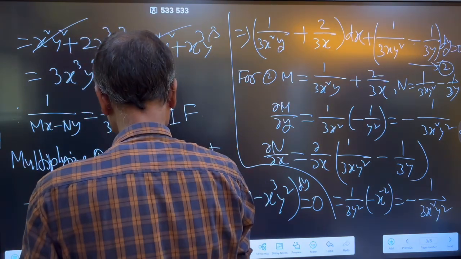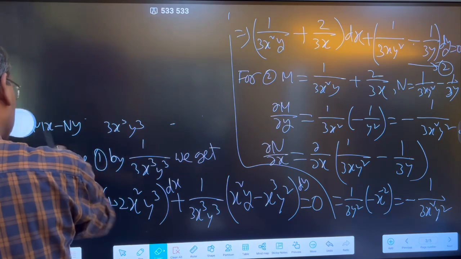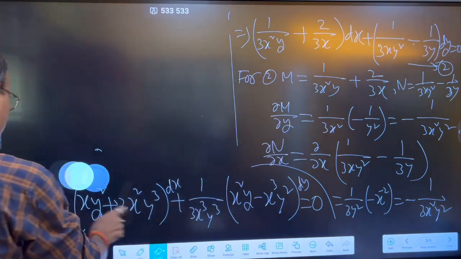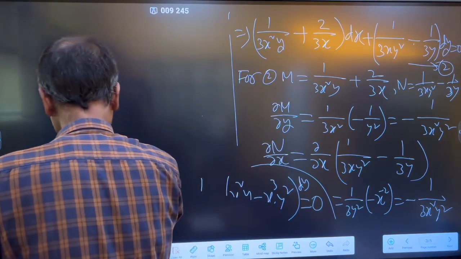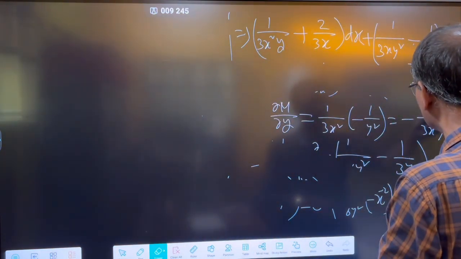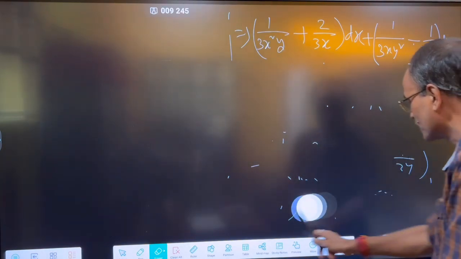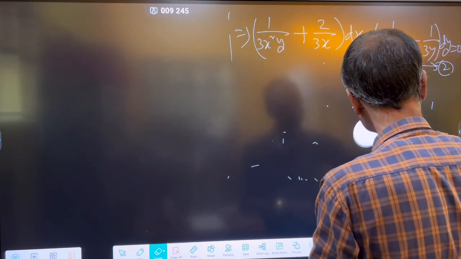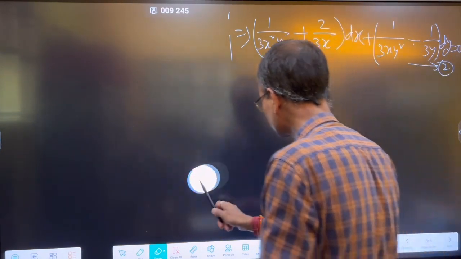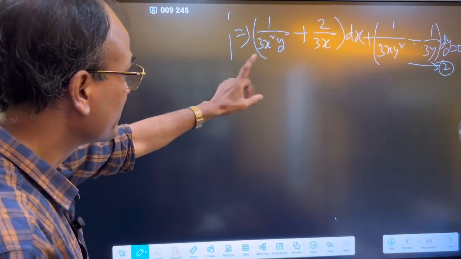Let me solve this question by an alternative method. 2 can be solved in an alternative way.